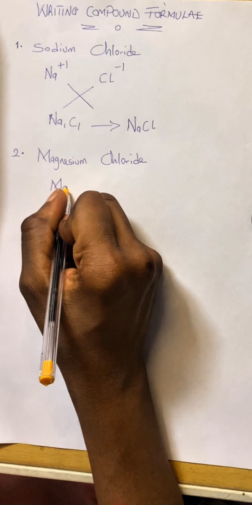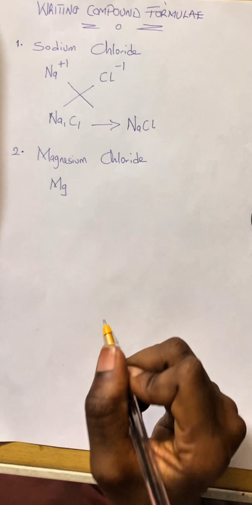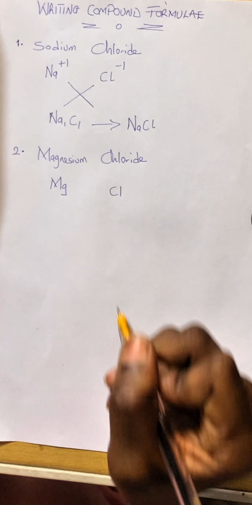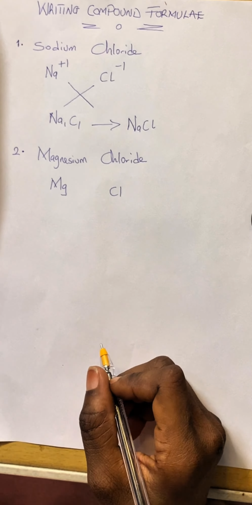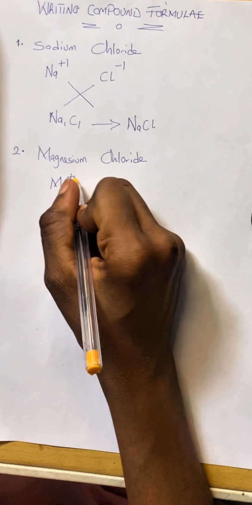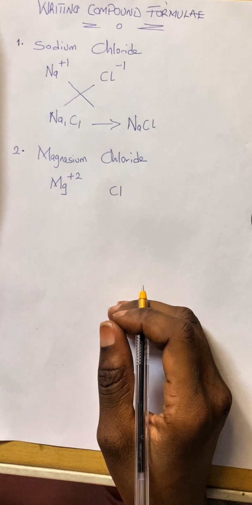So let's take magnesium chloride. Magnesium chloride. Okay, magnesium has a symbol of Mg, and chloride, which is chlorine, has a symbol of Cl. Now magnesium has a valency of 2, that is +2, because magnesium belongs to group 2 in the periodic table.